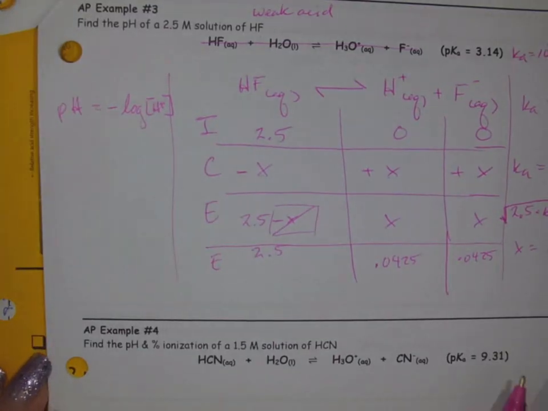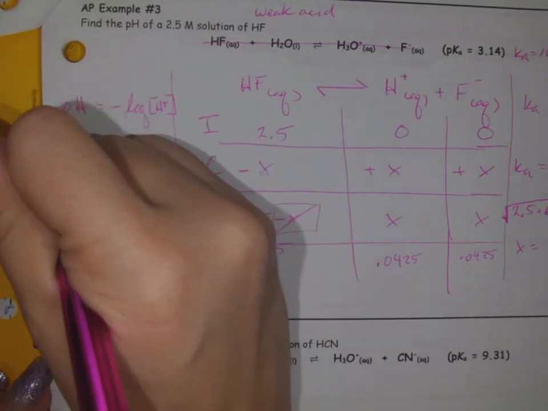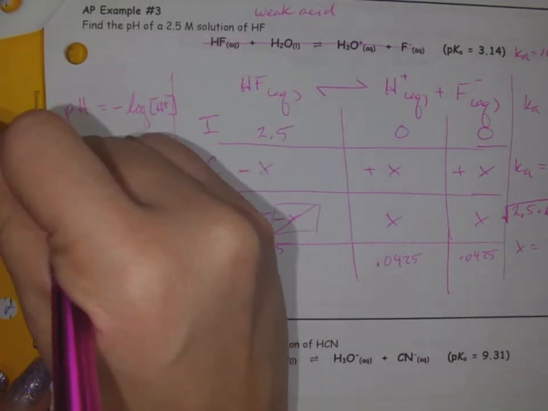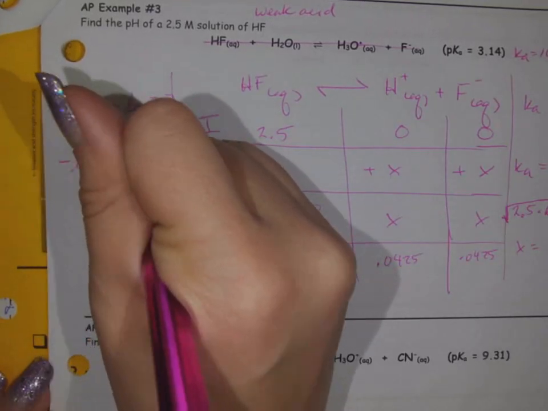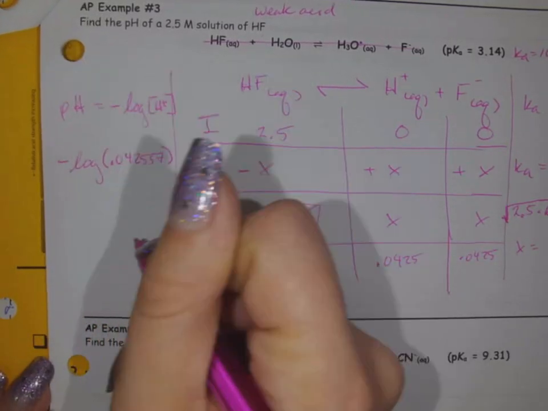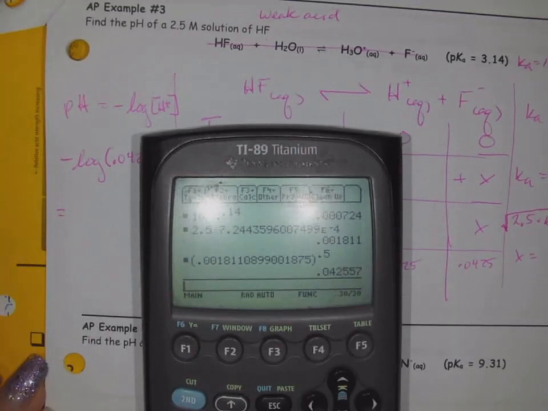And guess what? We know what the concentration of H+ is at equilibrium. So then I'm going to plug that in. I'm going to say negative log of this number, the 0.042557 number. So negative log of that number.